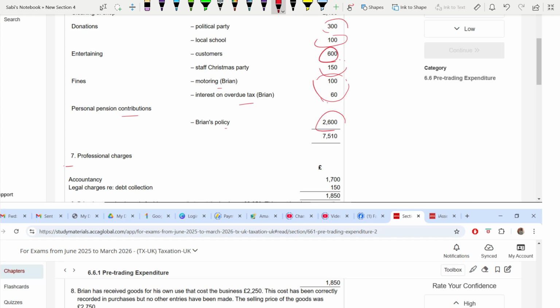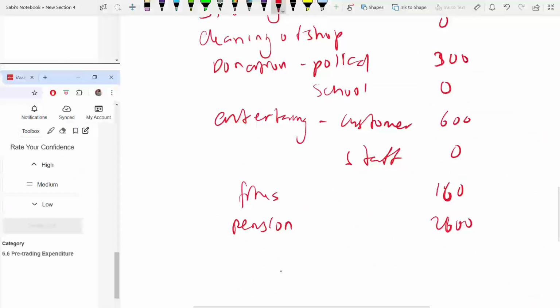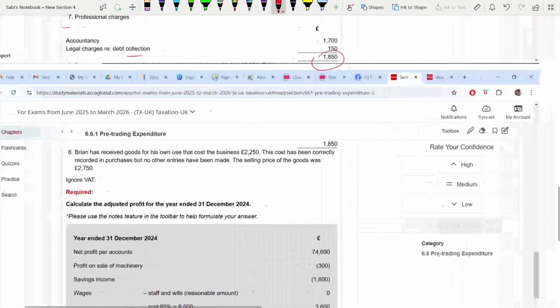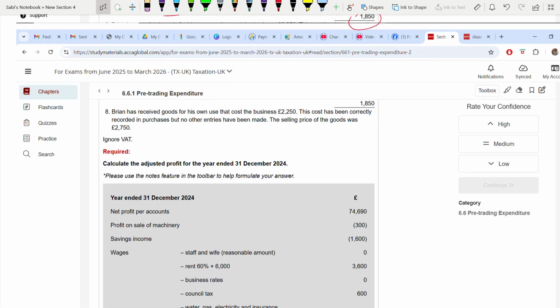So the professional charges, accountancy as well as the legal charges regarding the debt collection, the entire amount is allowable, so no adjustment. So professional charges 0. Professional charges 0 because no adjustment. Last, it's goods for own use. The eighth point.